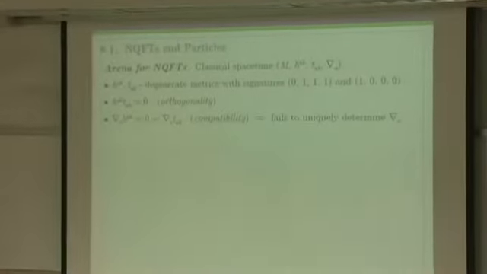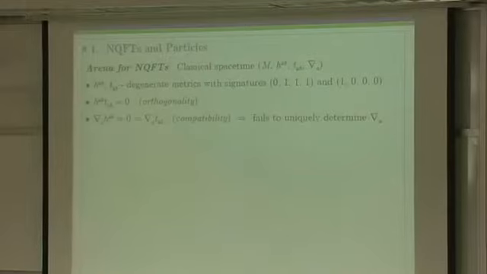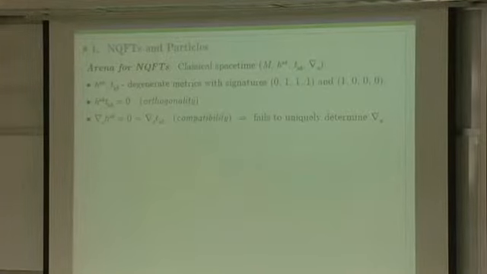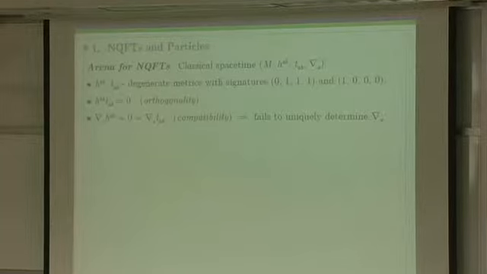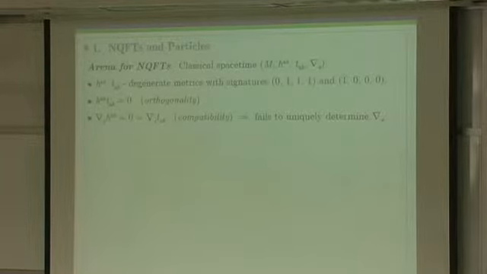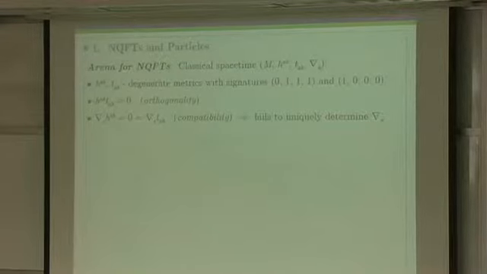The classical spacetime, again, can be represented by a collection of points endowed with additional structure, but in this case, the structure is encoded in three objects, a spatial metric, a temporal metric, and a derivative operator. And these objects are required to satisfy orthogonality and compatibility conditions.